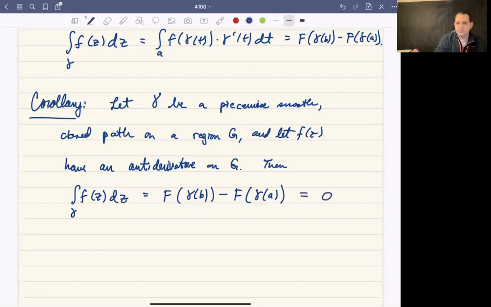And so this is just going to be 0. So this tells you that if you have a piecewise smooth curve on an open and connected set G, and if little f has an antiderivative on that region G, then the integral of f over the path gamma is going to be 0.